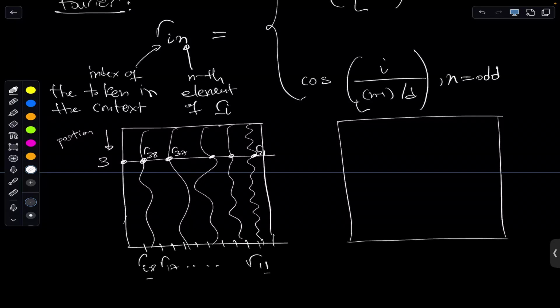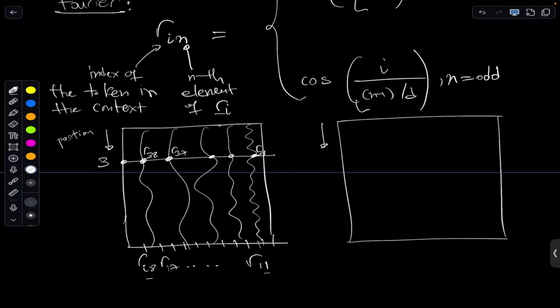Let's assume that I do exactly the same exercise, but instead of doing these analog frequencies, the sinusoids, I am going to do everything in the digital domain. If I have, let's say, 8 digits to encode positioning information, definitely I am going to start with position 1.